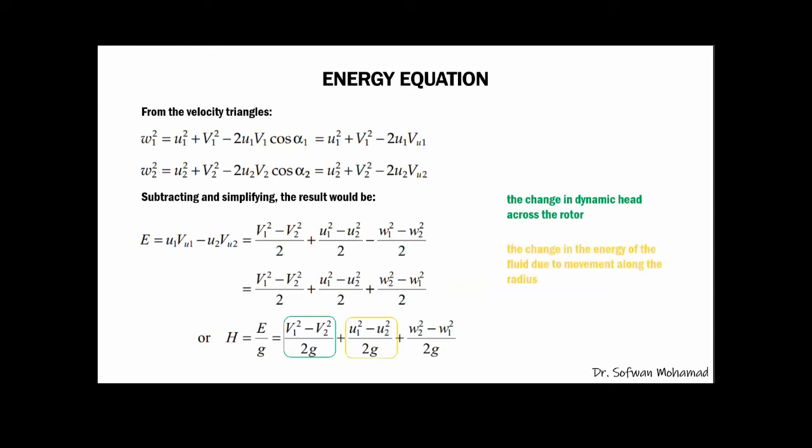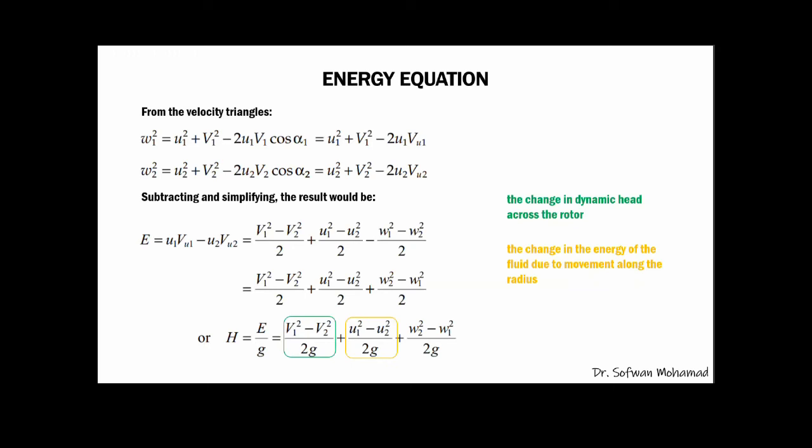If we look into the second term in the equation, it represents the change in the energy of the fluid due to movement along the radius of the turbine.